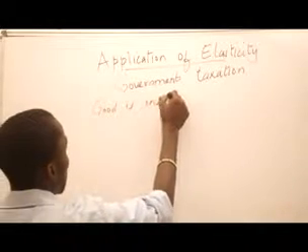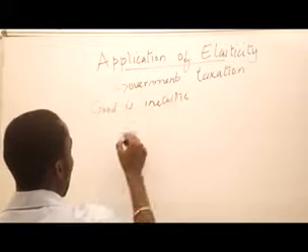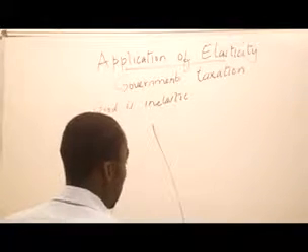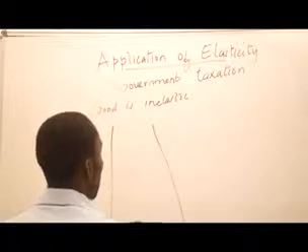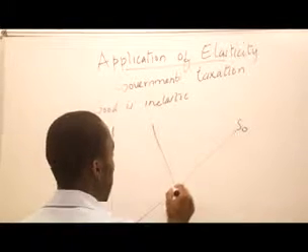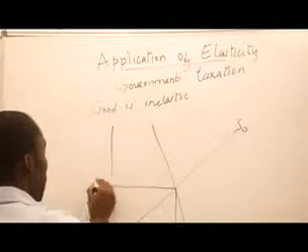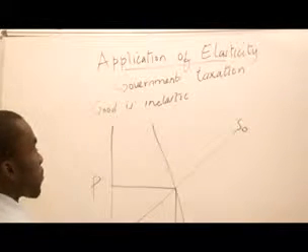is inelastic. So we have an inelastic demand curve with an initial supply curve. We have this as our price level and then quantity.